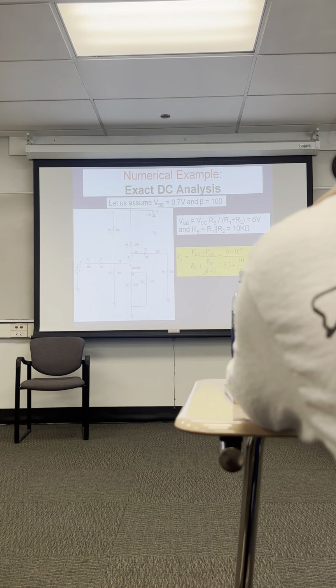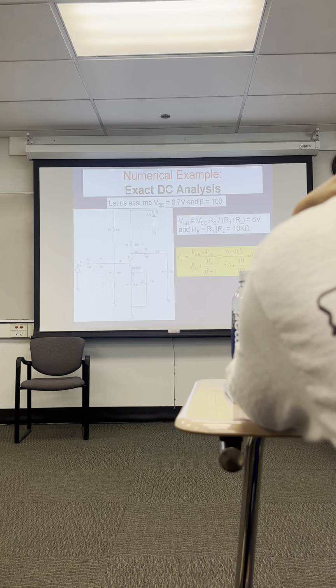So our example: base emitter is 0.7 if the device is on, and the beta is 100. So we calculate V sub B here, 6 volts. RB is R1 in parallel with R2, which is 10K. And then I sub E, we use our known equation, 0.98 milliampere.